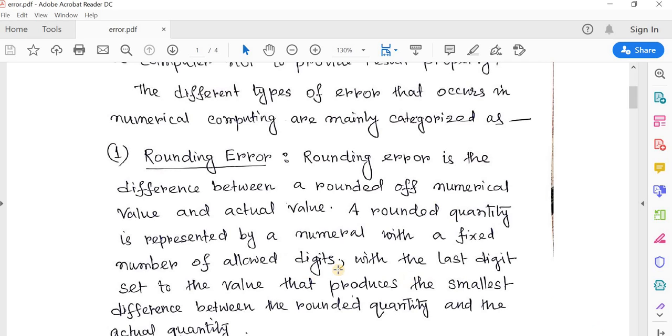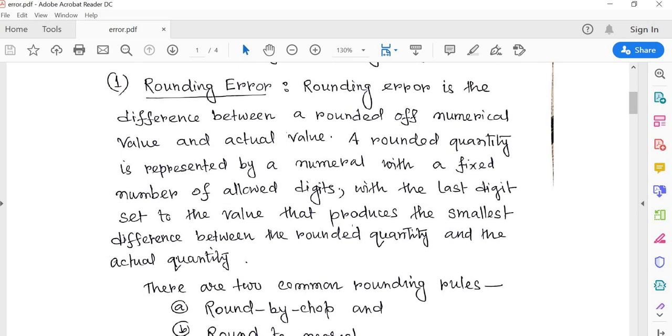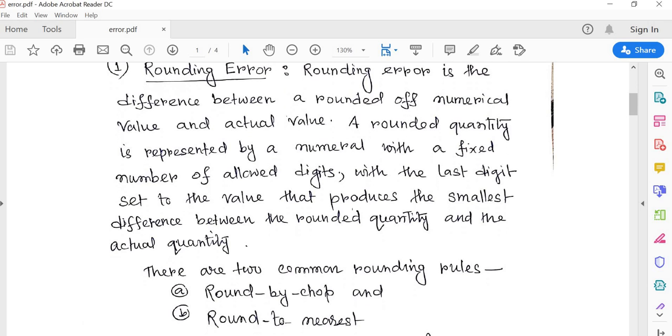A rounded quantity is represented by a numeral or numeric value with a fixed number of allowed digits. That rounded quantity contains some fixed number of digits only, with the last digit set to the value that produces the smallest difference between the rounded quantity and the actual quantity.